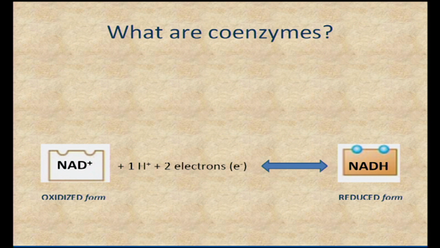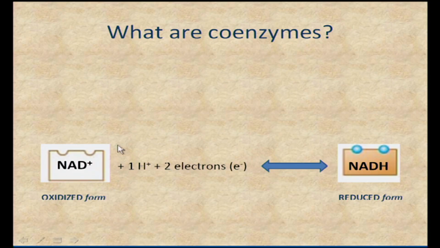So before we move any further, let's devise a strategy for how NAD+ is going to work. Assume for a moment that you start with glucose and you break off a hydrogen atom. That hydrogen and its electrons need to go somewhere.